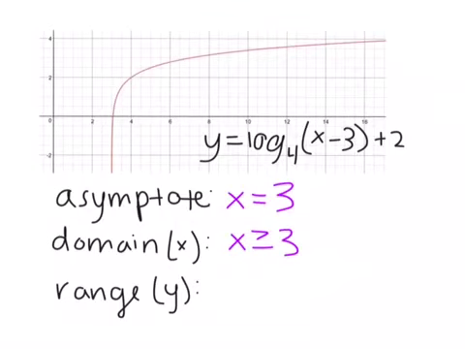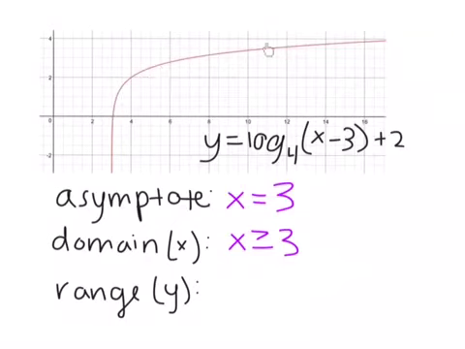For our range, which is our y values, our y coordinates, it's all the points that the line is going to reach on the y-axis. We can see, same as the last one, that this line is going to keep going down further and further for infinity and beyond.